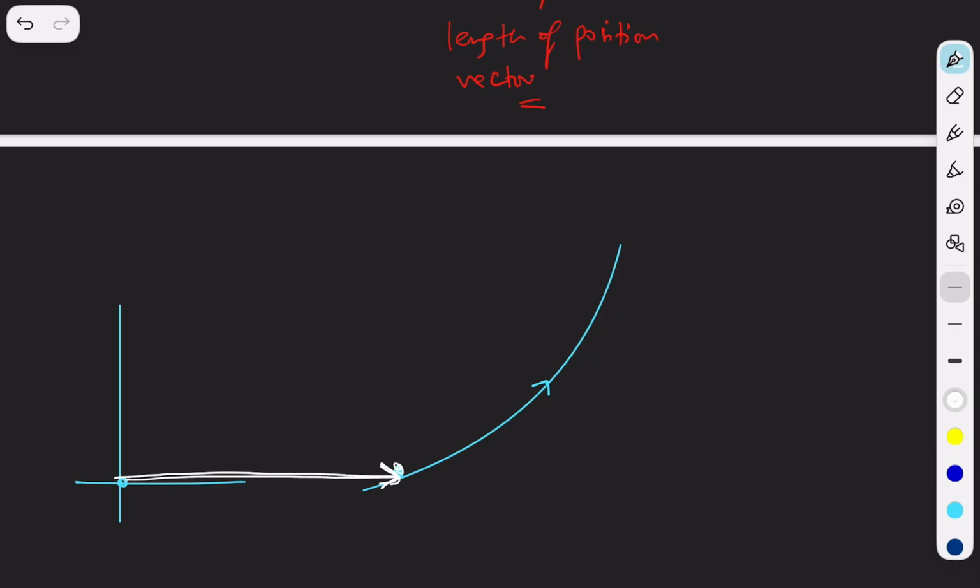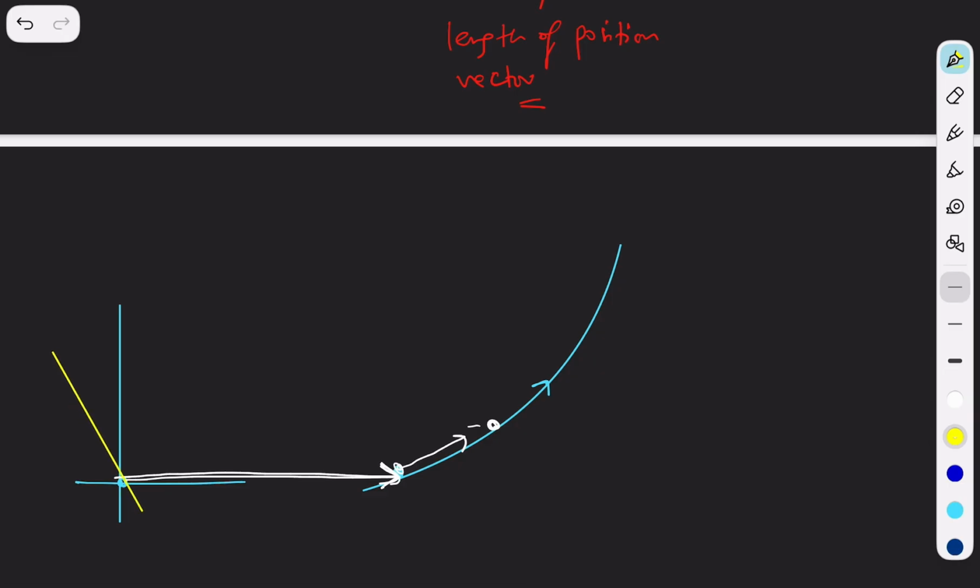What I want is that I should not be able to see where the particle has gone. How should I explain this? If I rotate my frame like this, guys, try to understand.